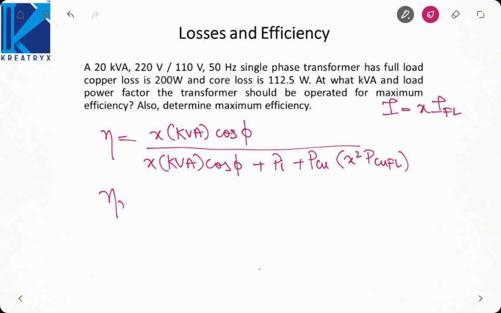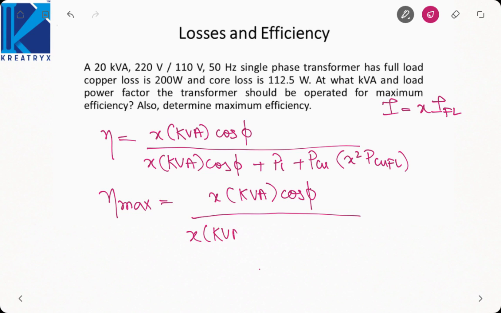Now for maximum efficiency, we know iron loss and copper loss are equal. So it is x kVA cos phi by x kVA cos phi plus 2 times the iron loss. We have derived x as 0.75, kVA is 20, cos phi is 1.